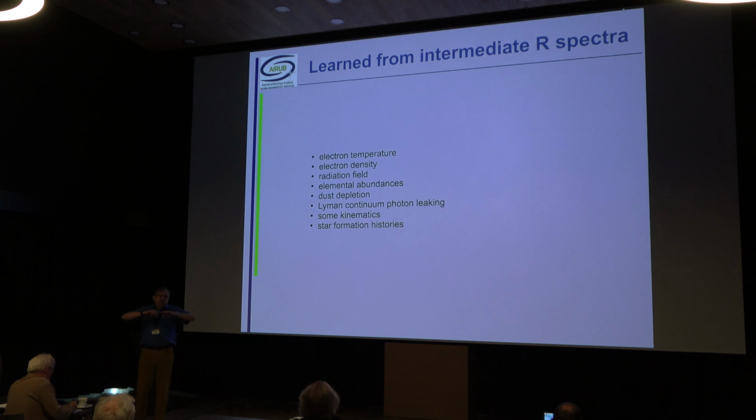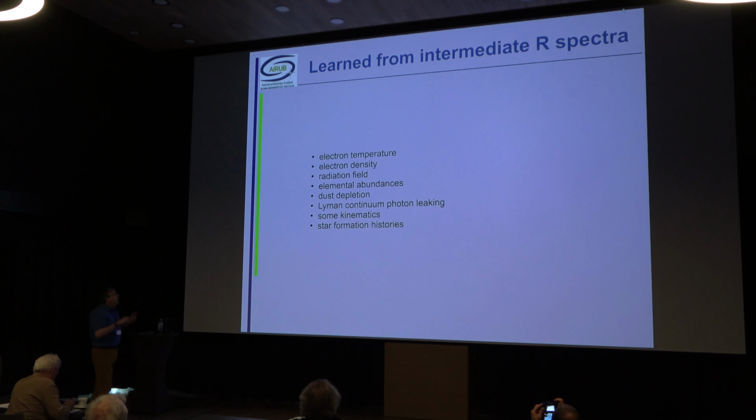Now I talked a lot about techniques. Hopefully you get something a little more interesting now: what can we learn from intermediate dispersion spectra? And there's a lot. I'm staying away from stars, mostly. If you look at the emission line spectra, you can derive the electron temperature, the electron density, the hardness of the radiation field, elemental abundances, at least for the elements where we have emission lines.